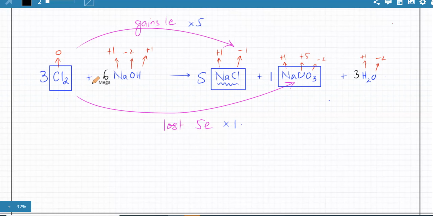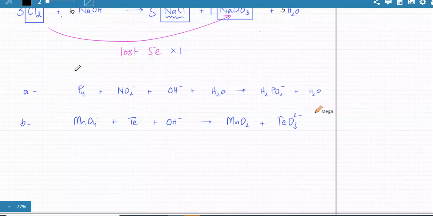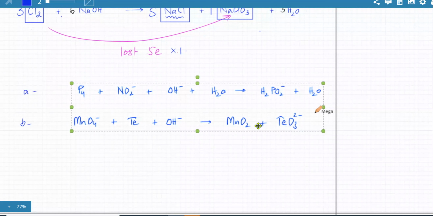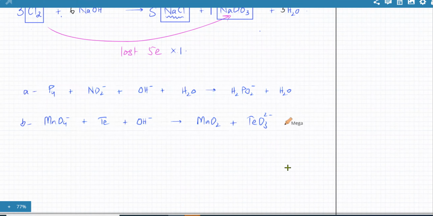Then there's MnO4 minus 1 plus OH minus 1, and then it's MnO2 plus H2O. Let me try and find a few more equations.